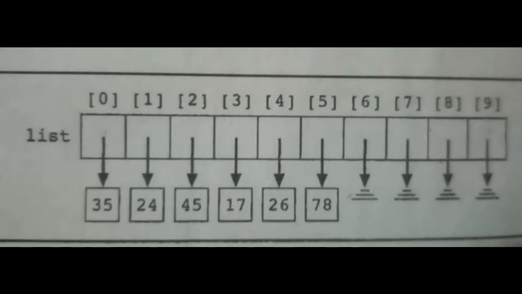Thus, we must first copy list at index 5 into list at index 6. Then, list at index 4 into list at index 5. And list at index 3 into list at index 4. In this order. Then we can copy the new item into list at index 3.